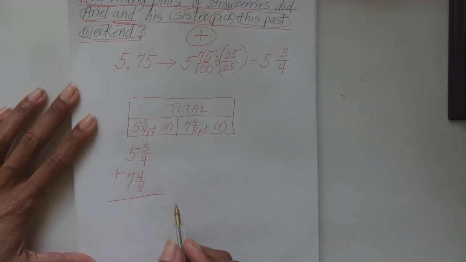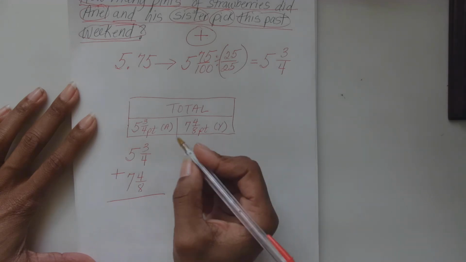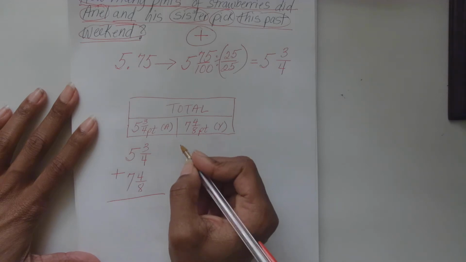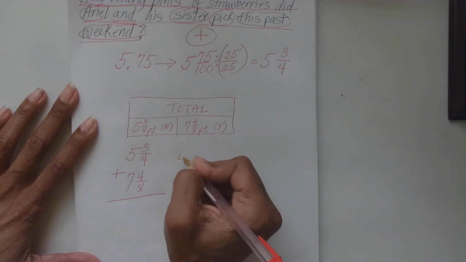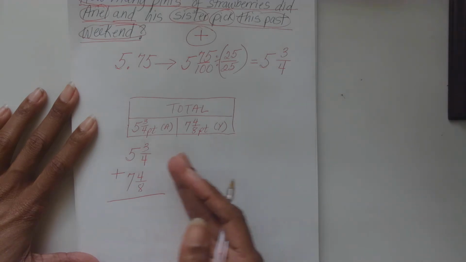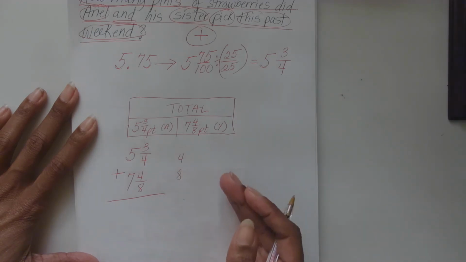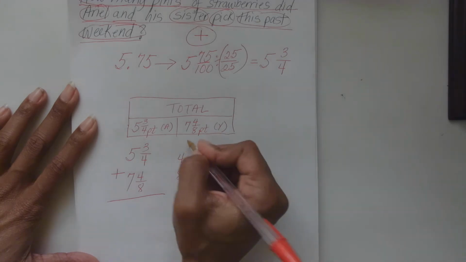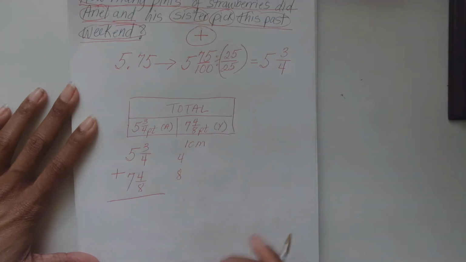So I must find a common denominator. My common denominator needs to be a common multiple, preferably the least common multiple. So I'm going to go over here and I'm going to write my two denominators down. And I'm going to list multiples, and the first one I get to that they have in common will be the least common multiple, or the LCM.